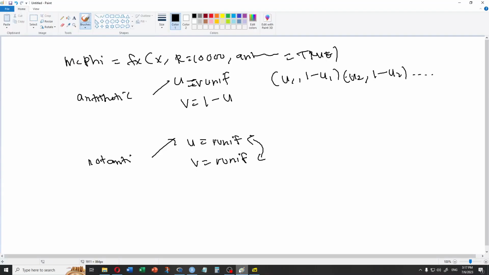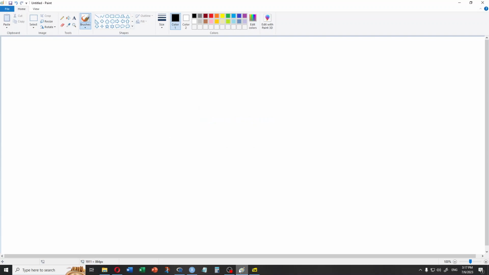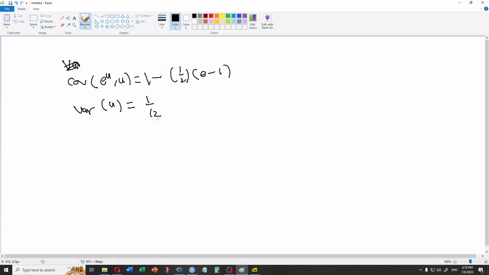Okay, so let me just write it to make it clear. The covariance of e to the U and U is given by 1 minus 1 over 2 times (e minus 1), and the variance of U is given by 1 over 12.